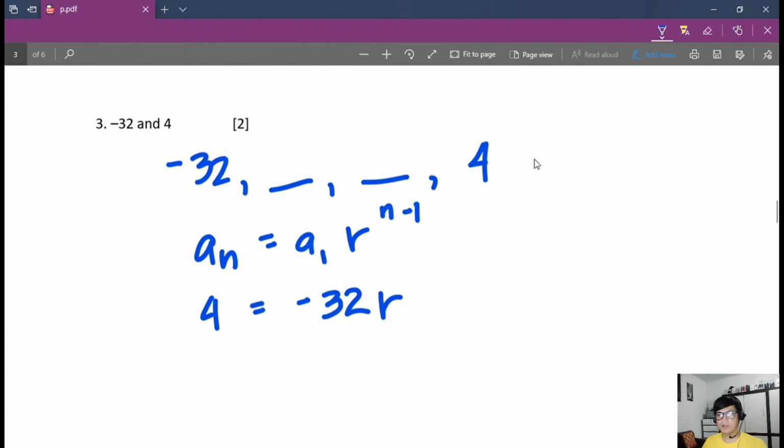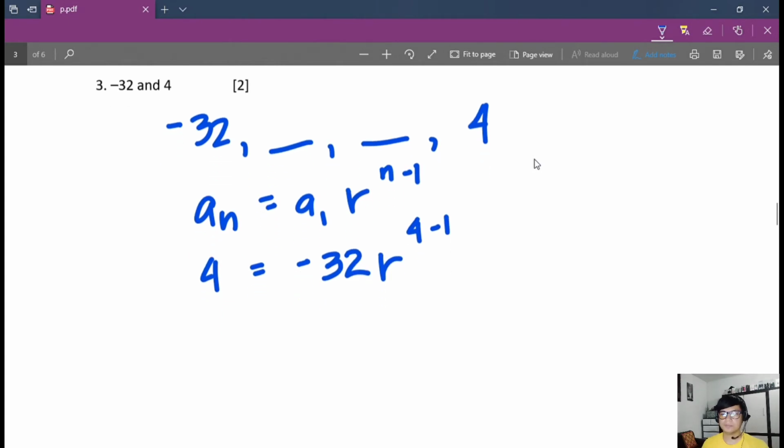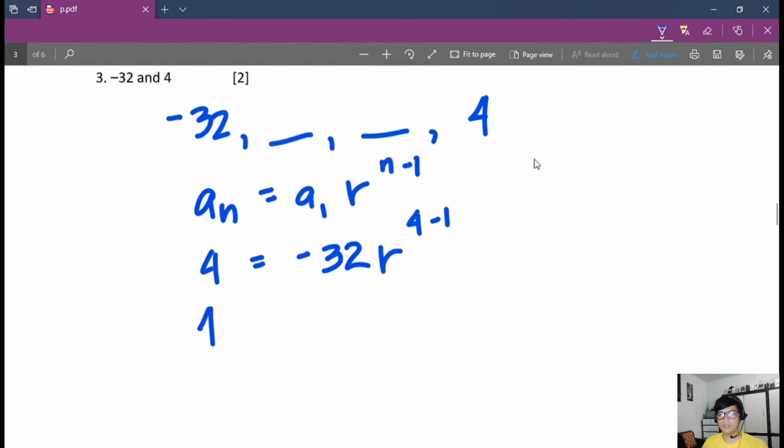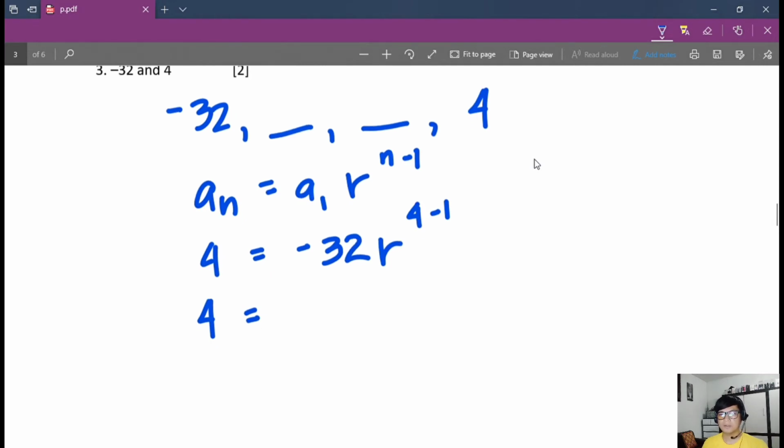That is 4 minus 1. So 4 is equal to negative 32 r raised to the third power.